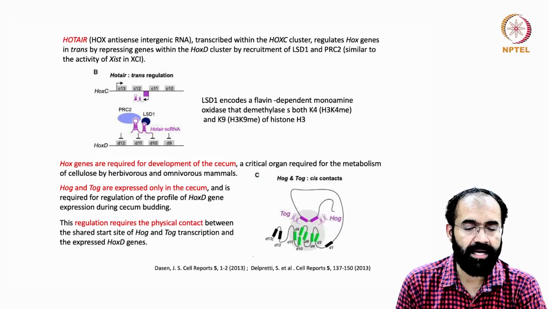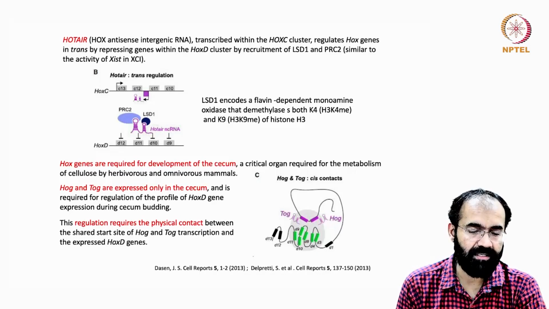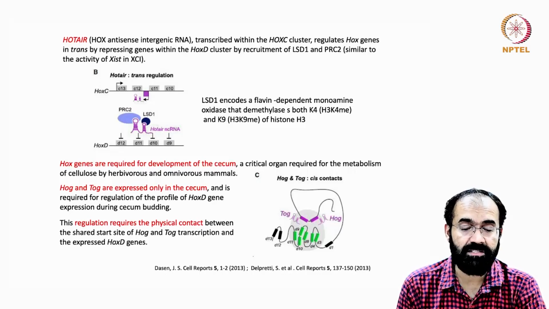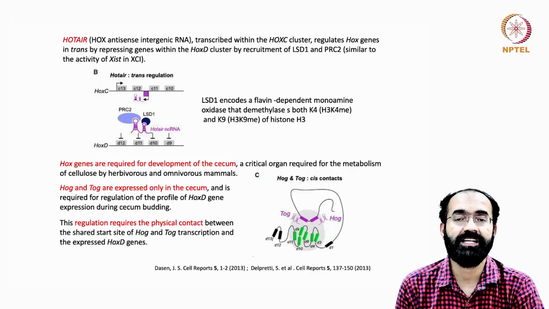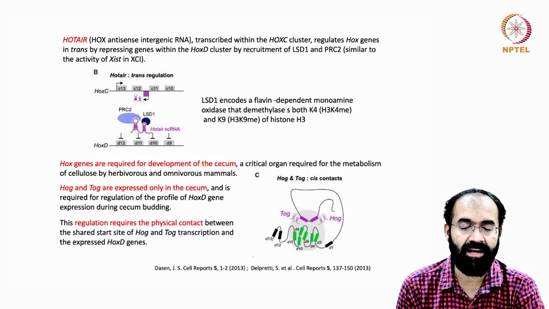This regulation requires the physical contact between the shared start site of HOG and TOG transcription and the expressed HOXD genes. They have somewhat common initiation of transcription, so they have a common area, like you can see here.